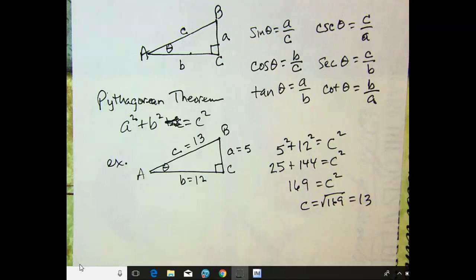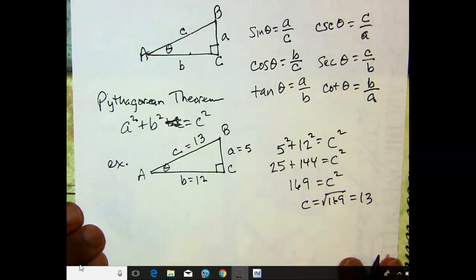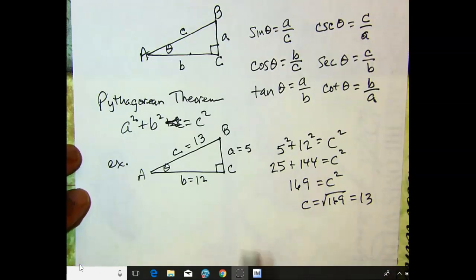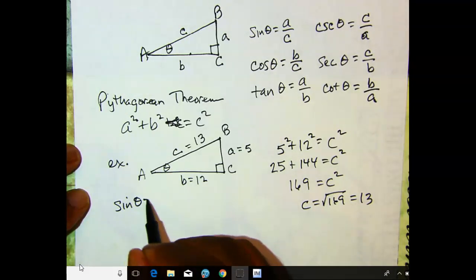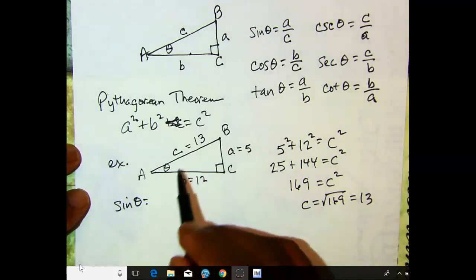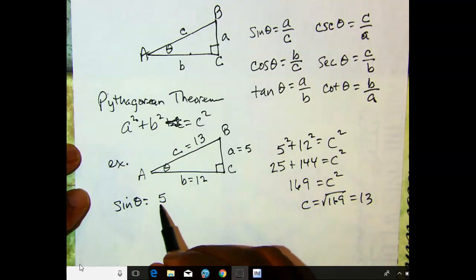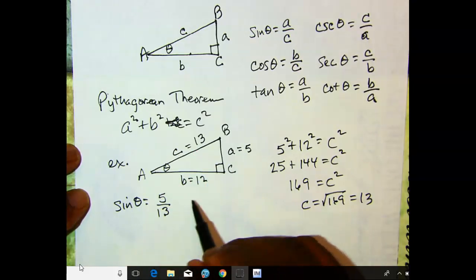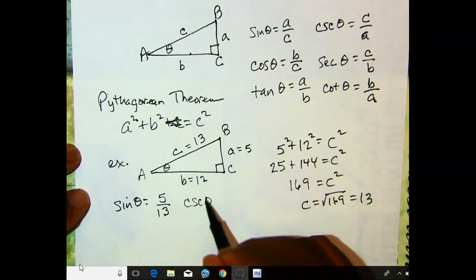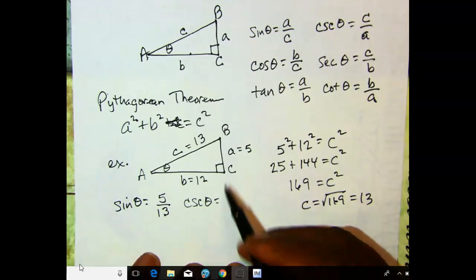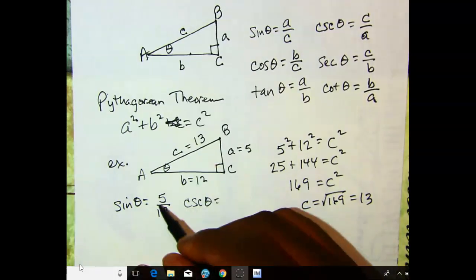Now that we have all three sides of our triangle, we can find all 6 of our trigonometric functions at angle theta. So sine of angle theta is opposite divided by hypotenuse, 5 divided by 13. Cosecant of angle theta will be hypotenuse divided by opposite, or the reciprocal of sine.